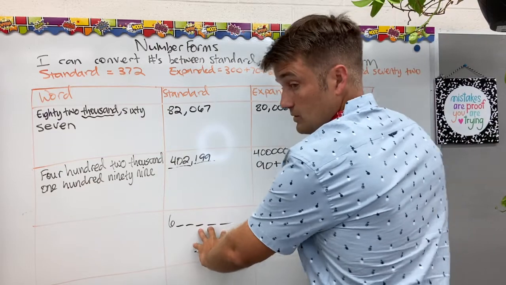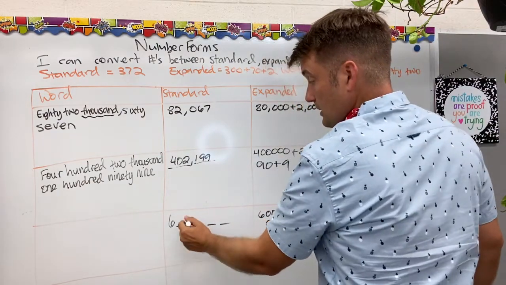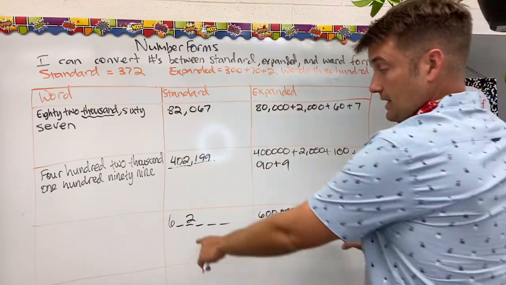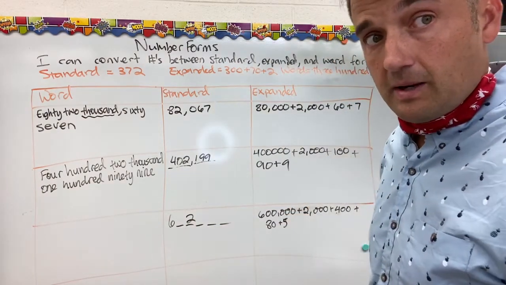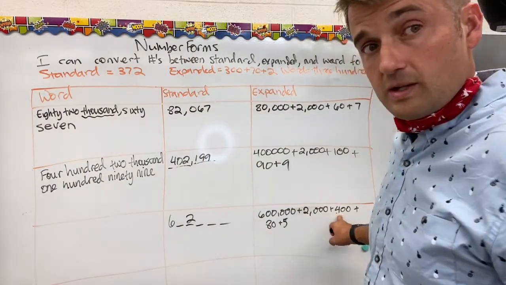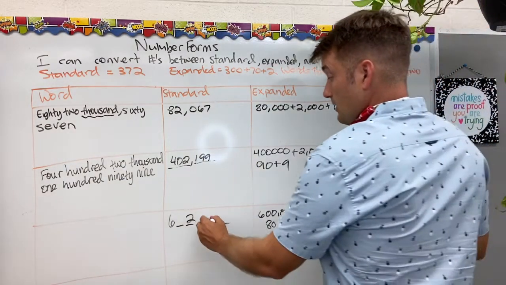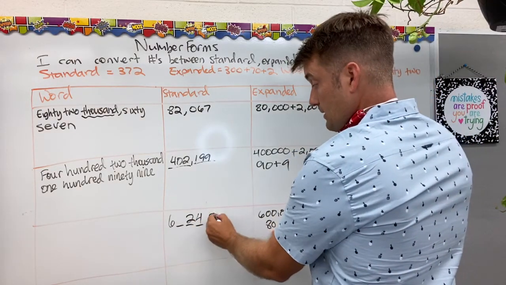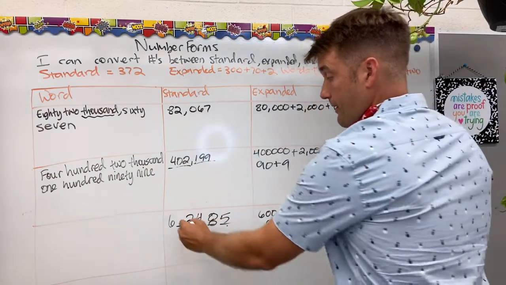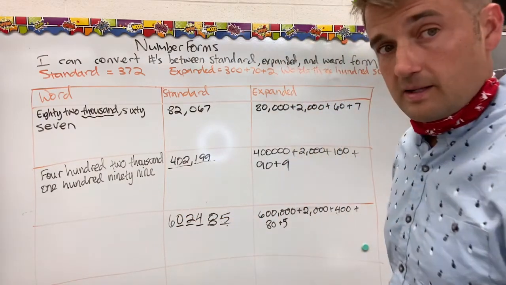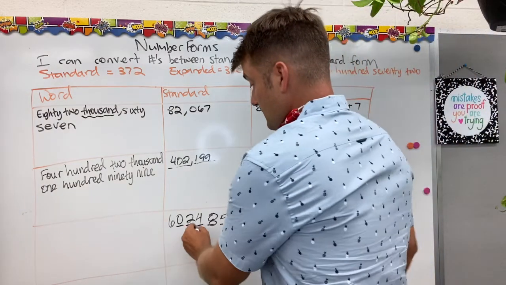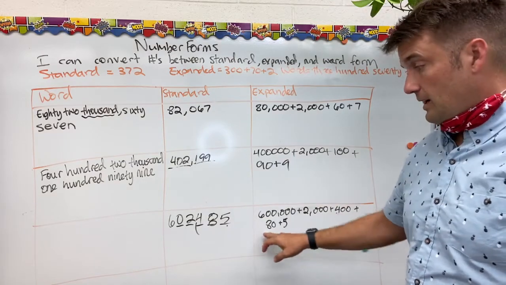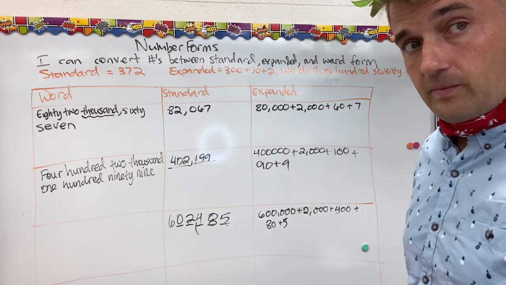So the 2 would go right there, and it could have 3 zeros. Looks like I skipped the 10,000 spot. 400 is next. It has 2 zeros. 80 with 1 spot and 5. So that's 602,485. I think I got them all.